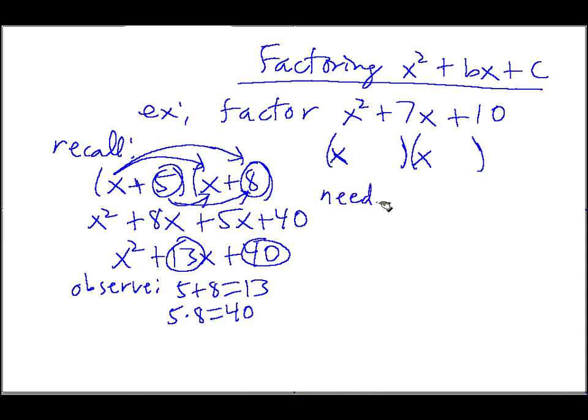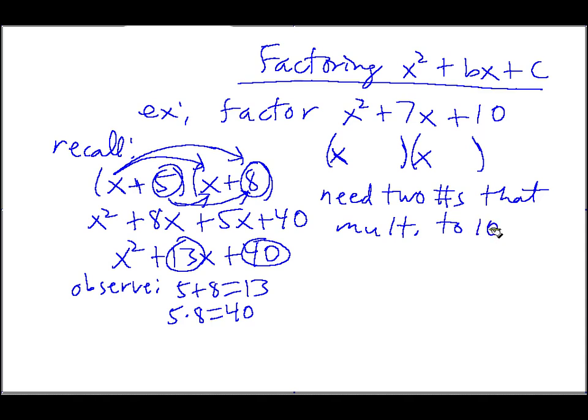We need two numbers that multiply. First, we're going to satisfy the multiplication criteria. So we need two numbers that multiply to what in our example here? To 10.